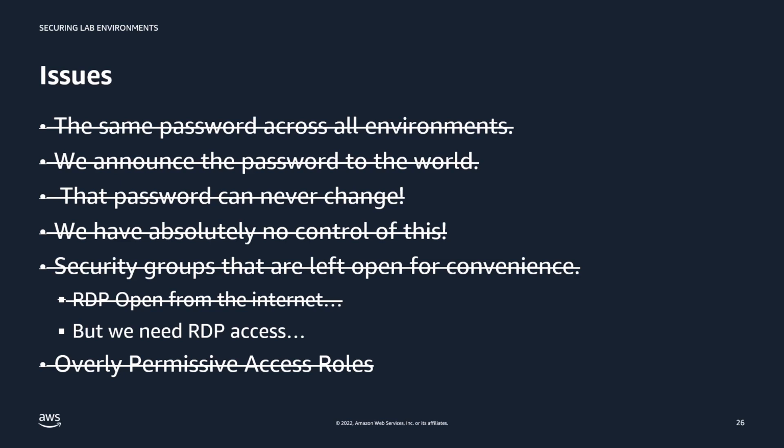We've eliminated the risk of RDP from the world, and we've removed the overly permissive access roles and used access roles that are targeted to the permissions this instance needs. And we still have that RDP access available. So we're able to use this fully featured. We haven't added any work for the users to do, but we fixed all of these problems.